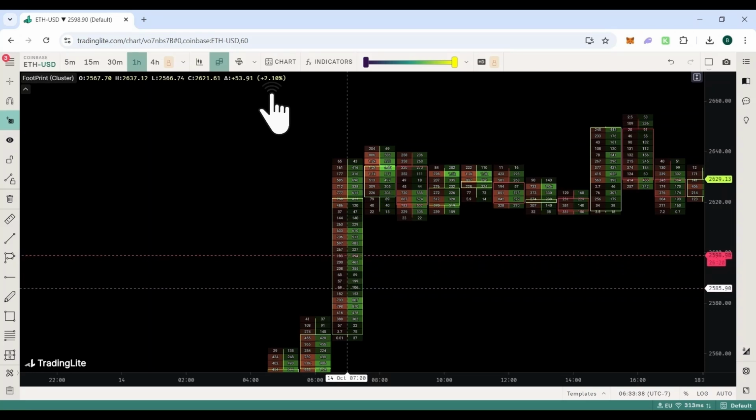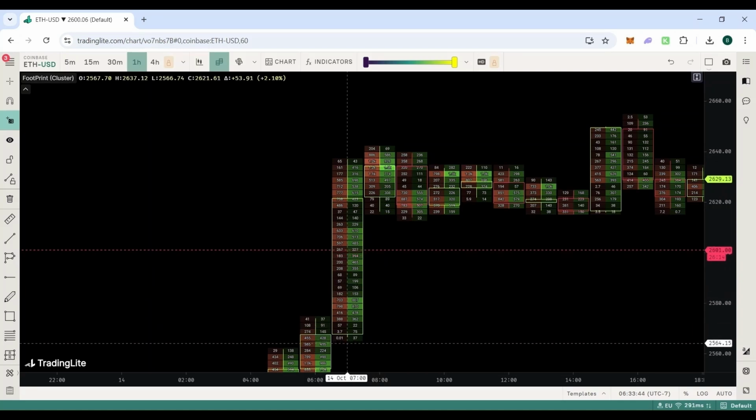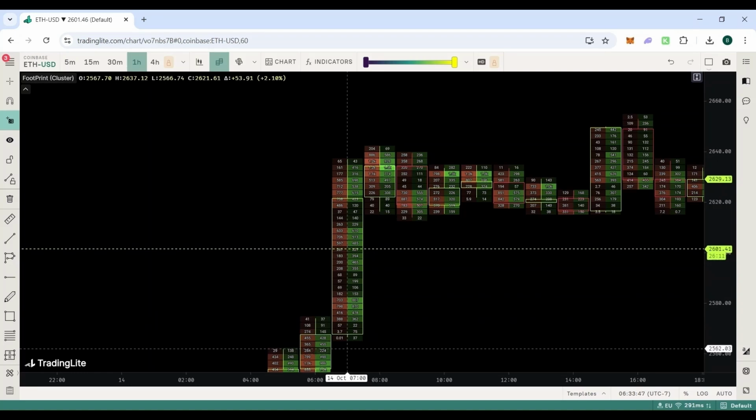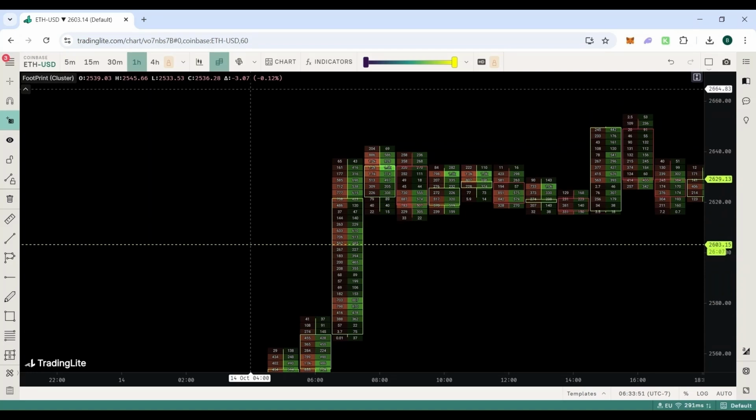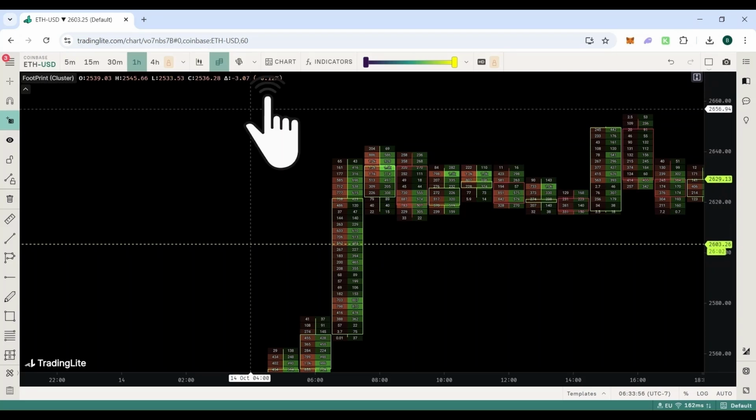It is obviously not working. So if you are using other platforms, you may normally find the delta under the chart, but Trading Light is placing theirs here. Okay. Anyways, that's the delta.